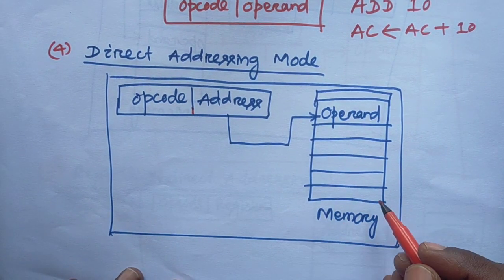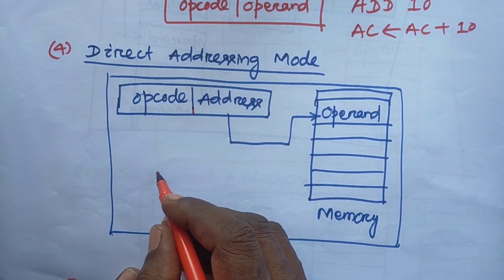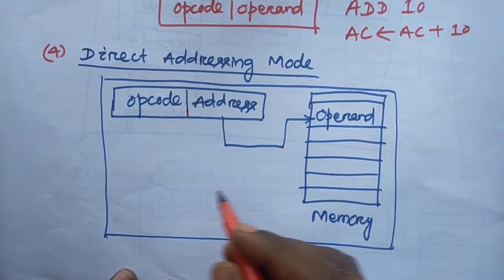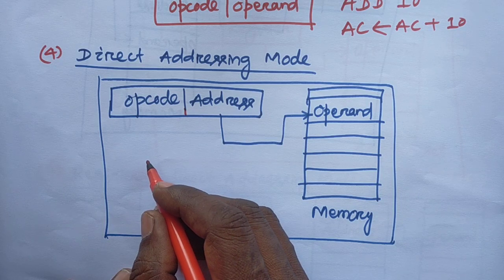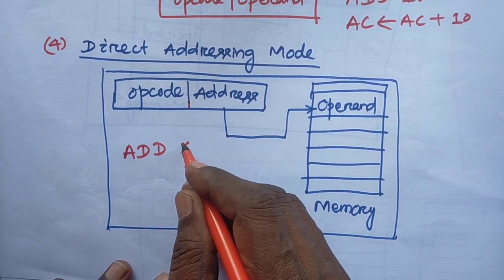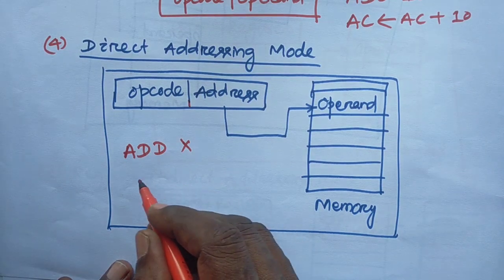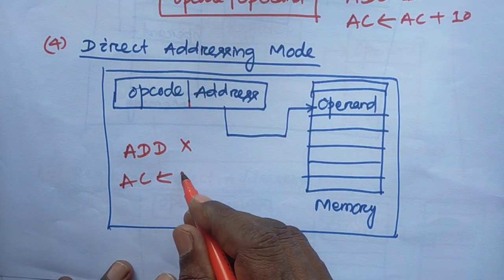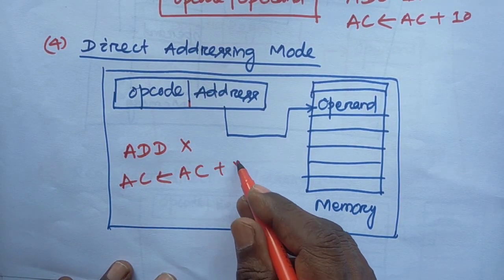A very basic example: for the instruction add x, the accumulator becomes AC plus [x].